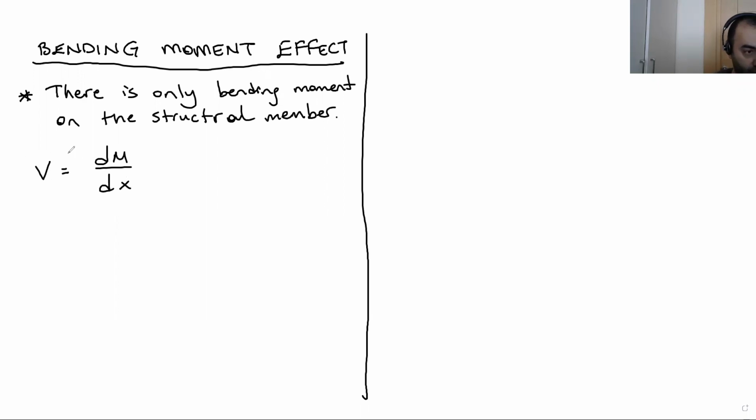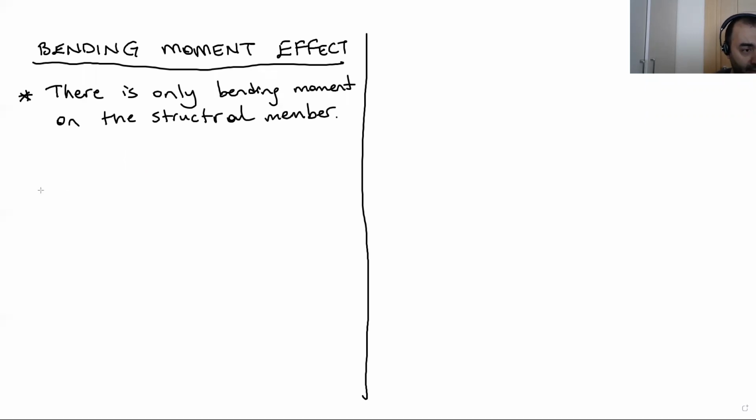This is the shear force. So if the M is constant... Actually, I don't want to write this part. It makes a confusion in your mind. Forget about it. Let me draw directly the sketch about this example.